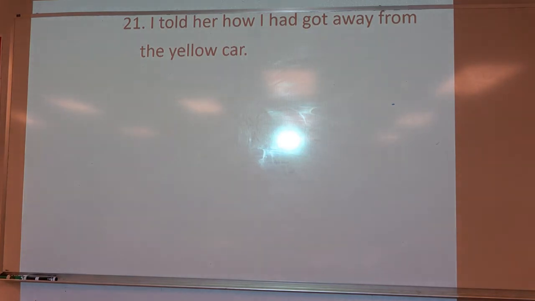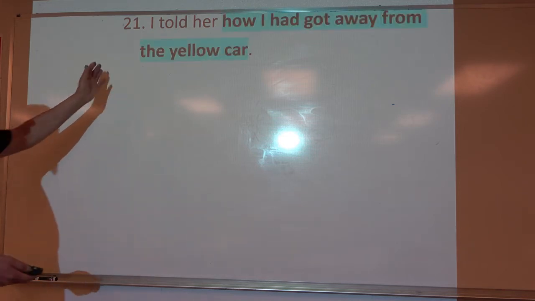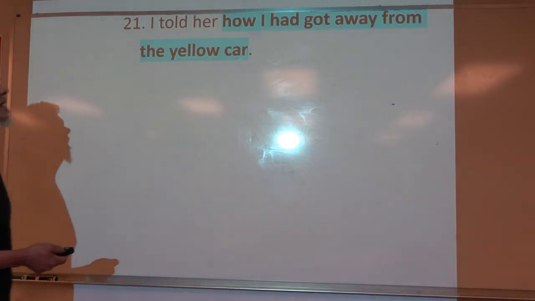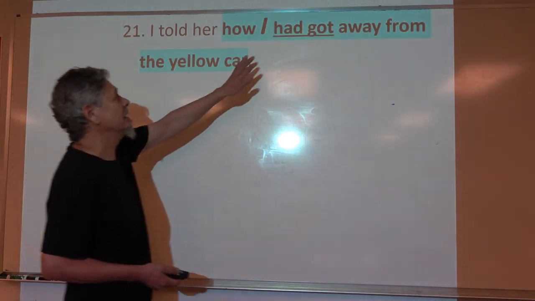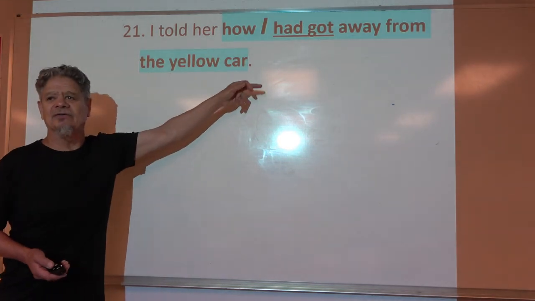Luis, can you read this one? I told her how I had got away from the yellow car. Very good. Dependent clause? How I had got away from the yellow car. Yeah, because the subject is "I," "had got" is the verb, and this is the natural ending of it.